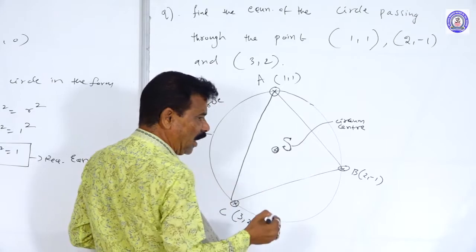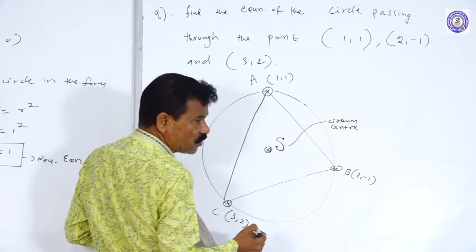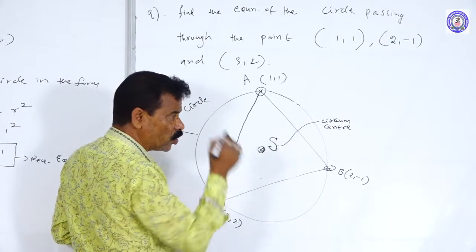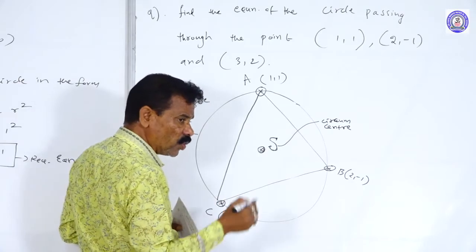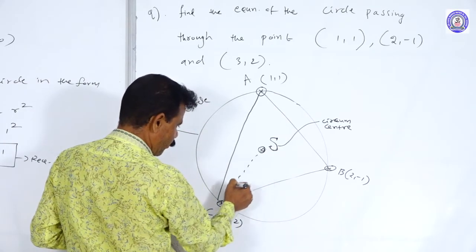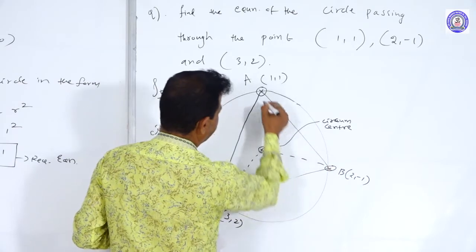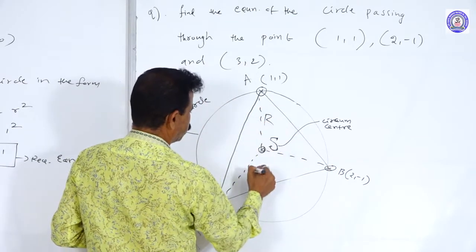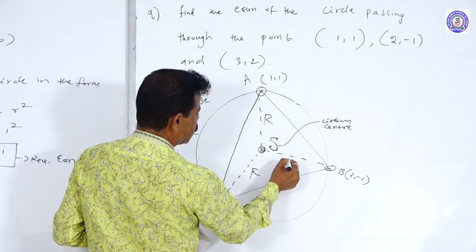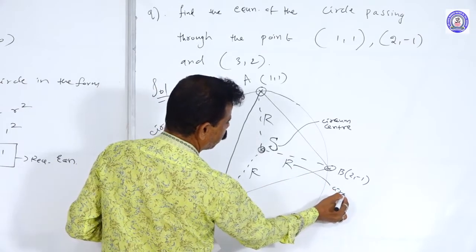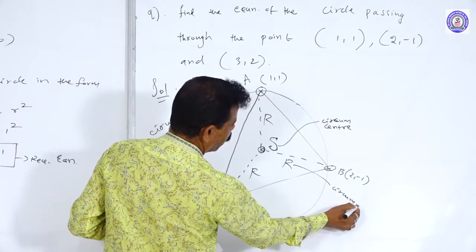So in a triangle, the distances from the circumcenter to the vertices are all equal to the radius. This is the radius r, this also r. This is the circumradius.